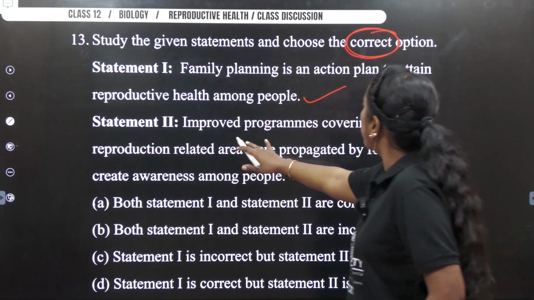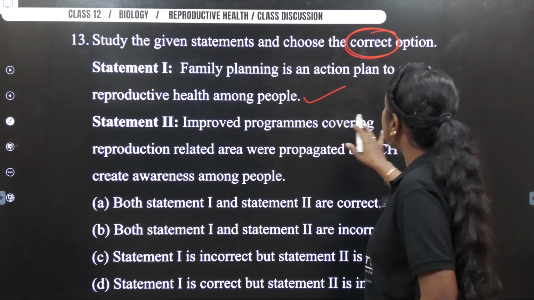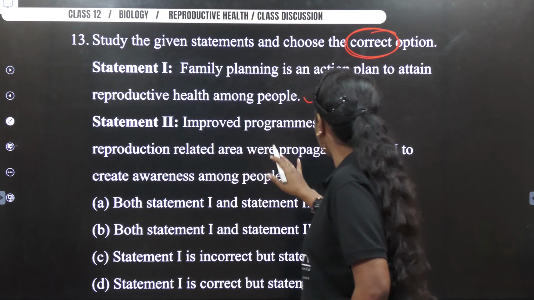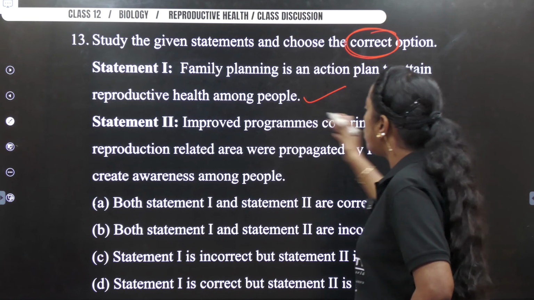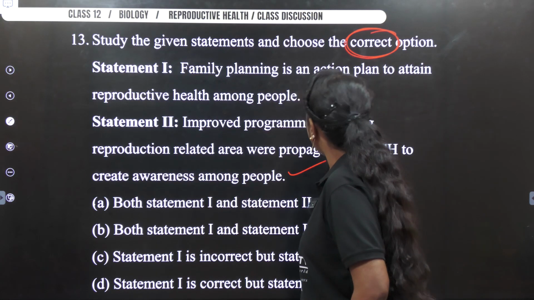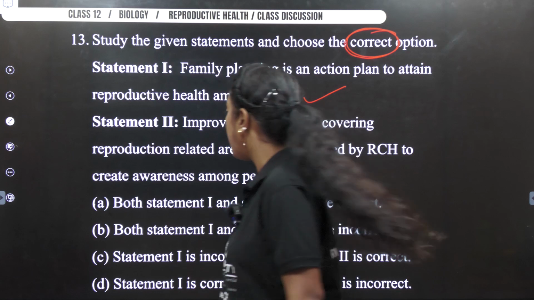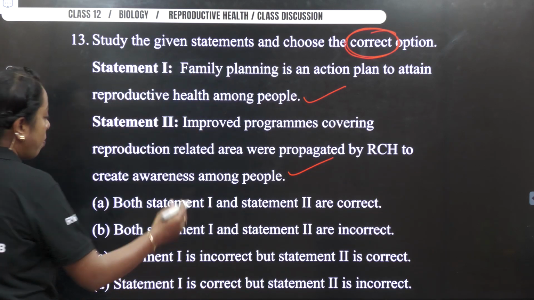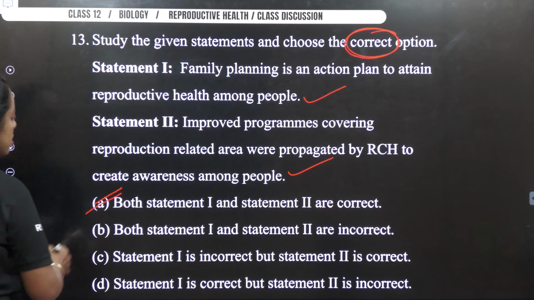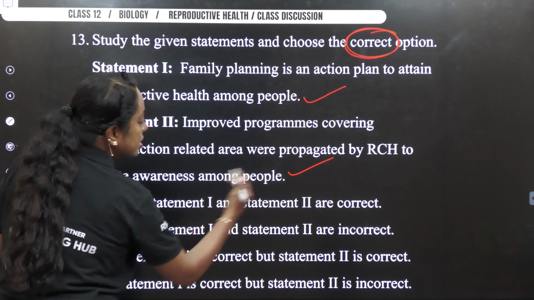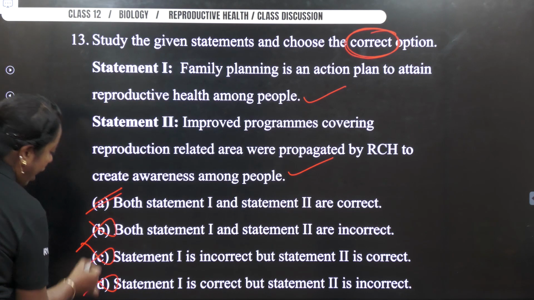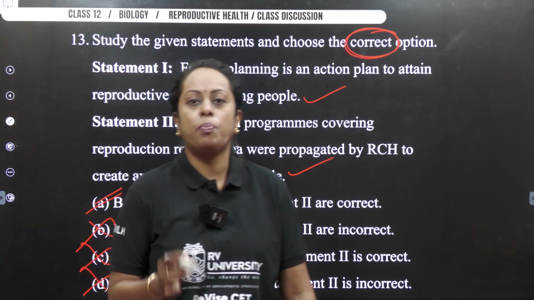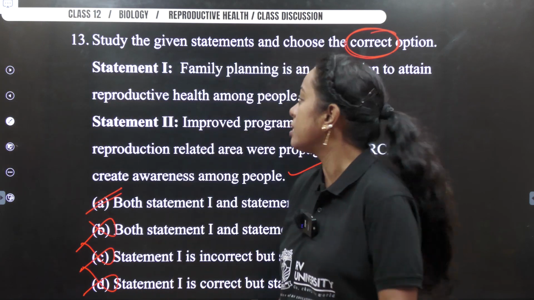Statement 2: Improved programs covering reproductive related areas were propagated by RCH to create awareness among the people. Both the statements seem to be correct. So I will select option A, which says both statement 1 and statement 2 are correct. So B is wrong, C is wrong and D is wrong. I hope you have marked the right answer.